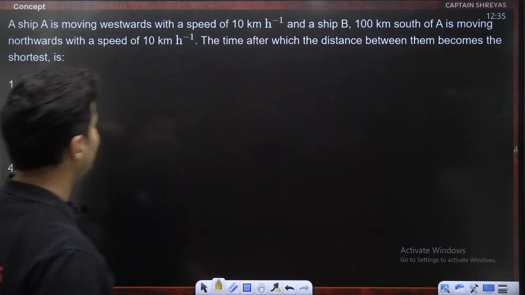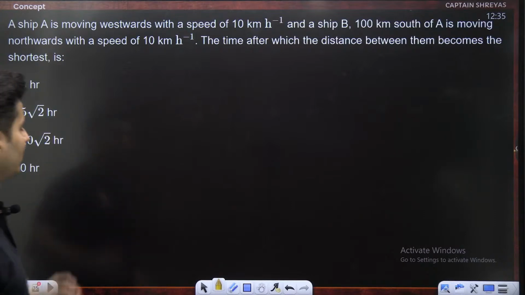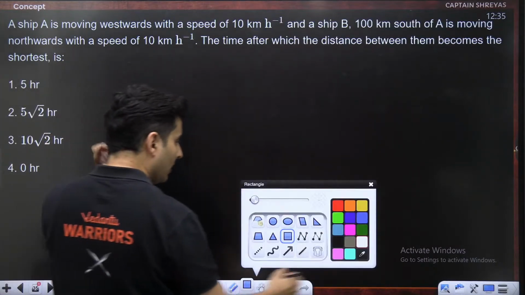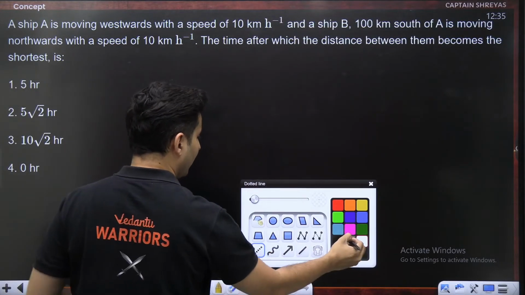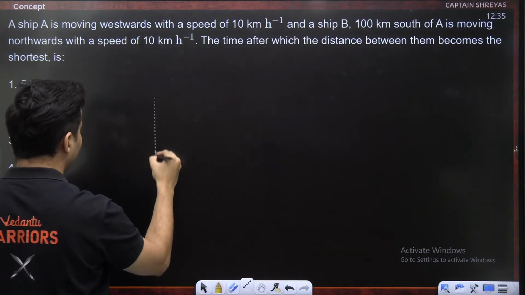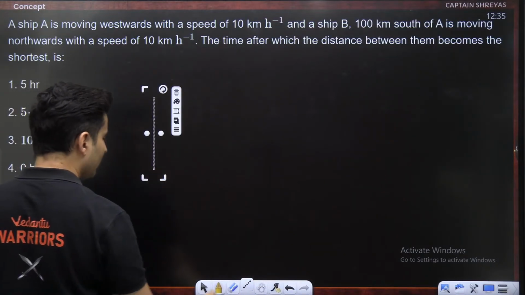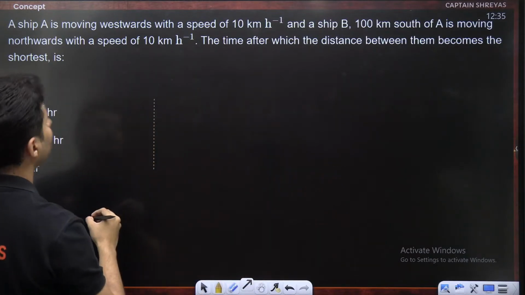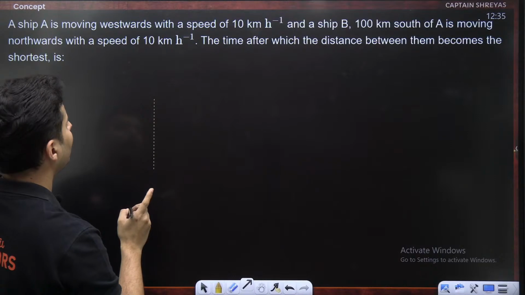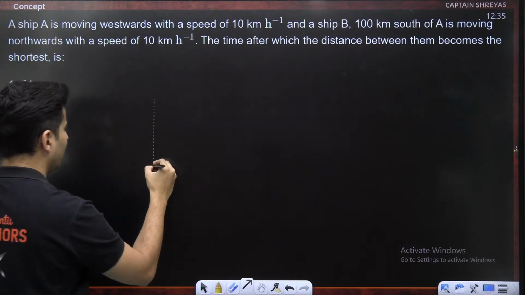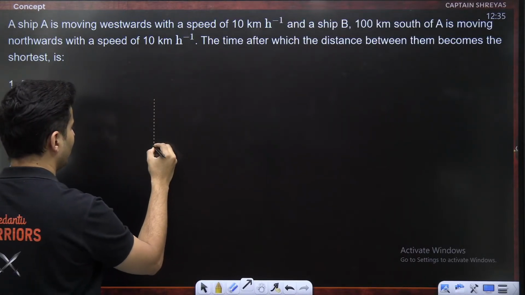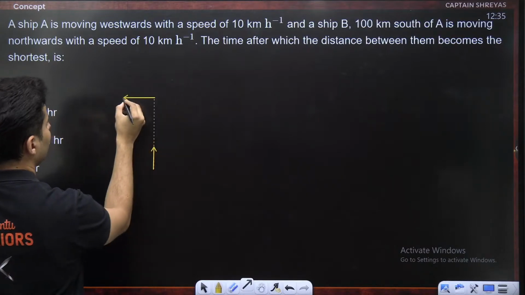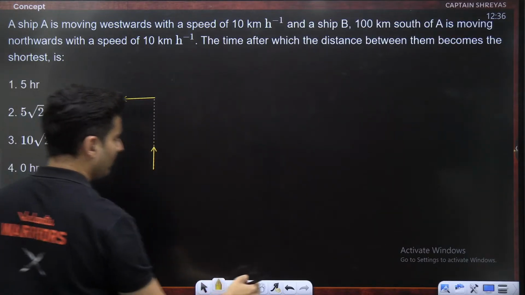Ship A is moving west and ship B is 100 kilometers south of A, like this, and B, which is south of A, is moving north with a speed of 10. This ship is moving like this. That is what it means.